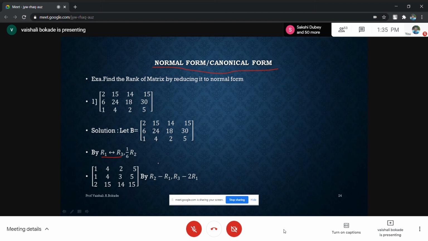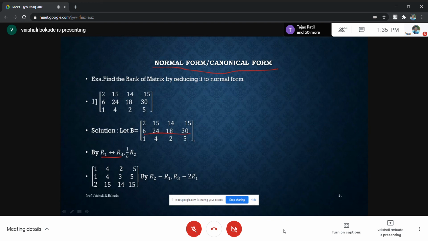Now, while going for that, what I'm observing for R2 entries is 6, 24, 18 and 30. All these entries are multiples of 6. You should observe these entries in such a manner whether they are multiples of some scalar.